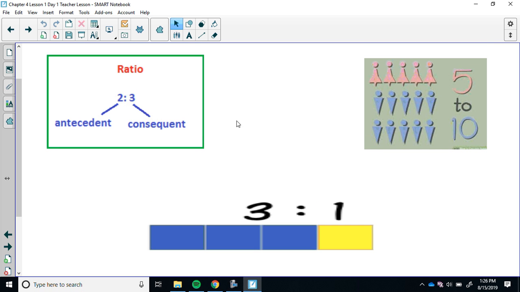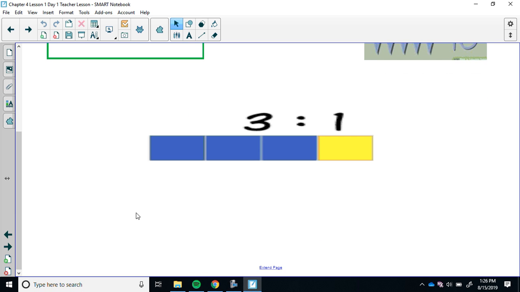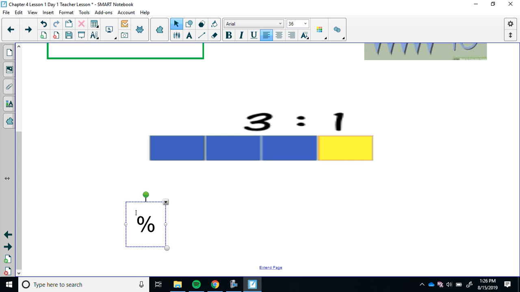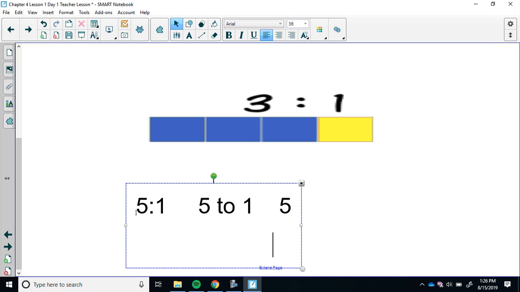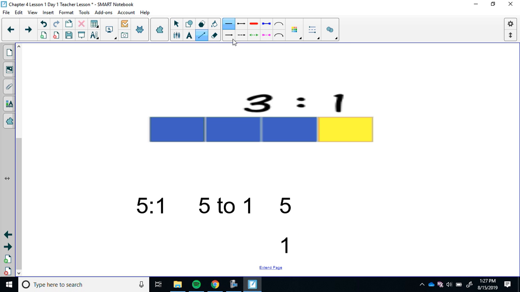In other words, if we were going to do the ratio 5 to 1, we could write it like that, we can write it like this, and we can write it so it looks like a fraction. I'm going to draw a line underneath here. So 5 to 1, 5 to 1, and 5 to 1. Those are the 3 different ways you can write a ratio.